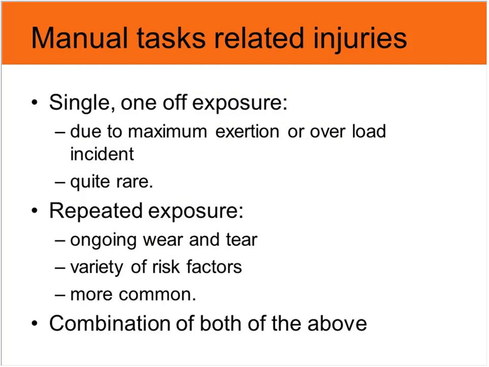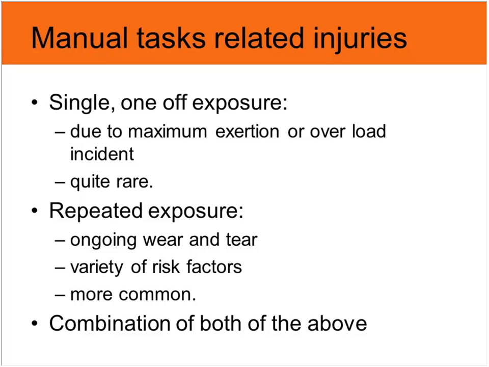So occasionally you can have a one-off exposure to a really severe high load, and that might result in a sprain or strain, but most often your sprain and strain injuries are a result of this repeated ongoing wear and tear. And that's often due to the more subtle risk factors that people may not notice, such as repetition and being in awkward postures as well.